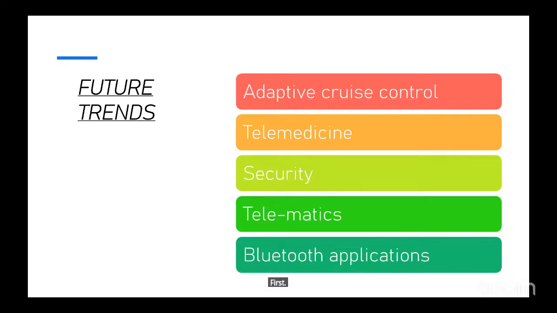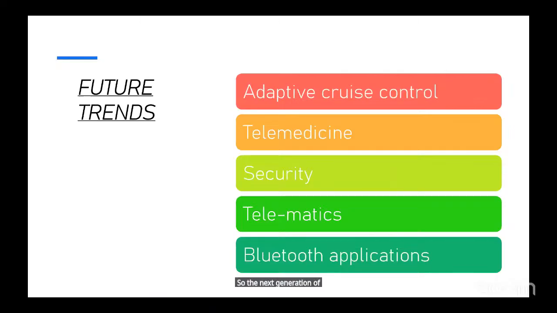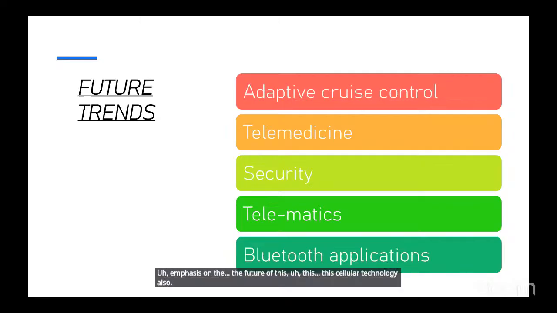We have moved from 3G to 4G to 5G, and we are moving ahead also to the next generation of these cellular technologies, wherein we have certain protocols we have to implement, and we can put emphasis on the future of this cellular technology also.